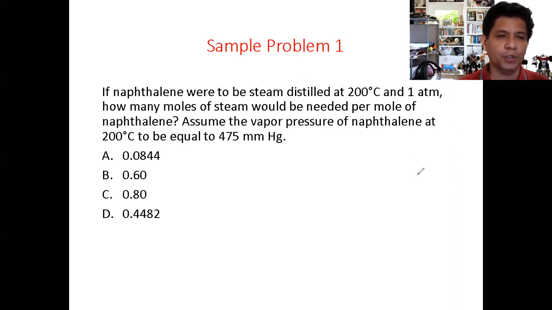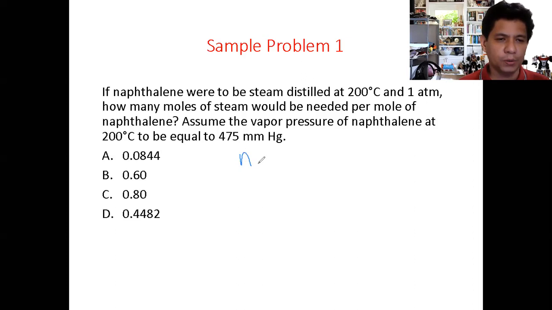The pressure of water is simply 1 atmosphere minus 475 millimeter mercury, or 760 minus 475 millimeter mercury. It's that simple. We're just going to use the two equations that I already introduced earlier. Let's try to write that.